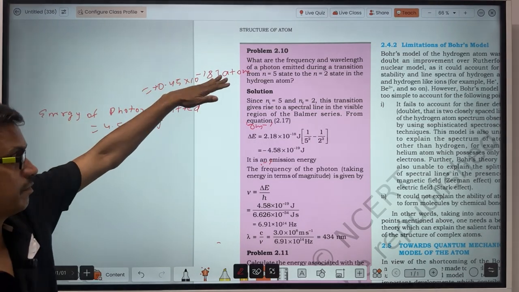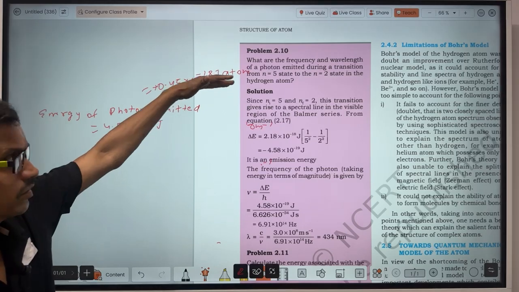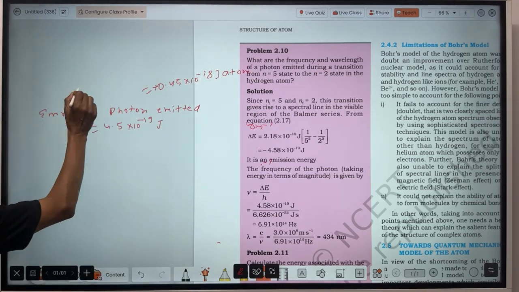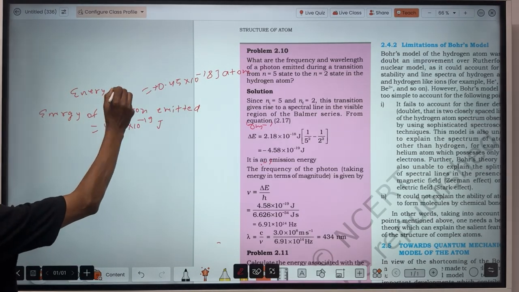The negative sign means a decrease in the energy of the electron, so the energy of the photon will be this much.